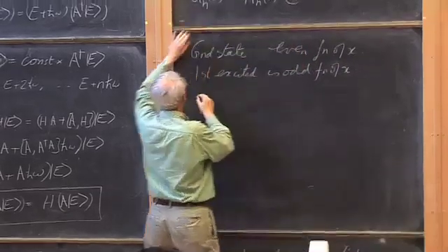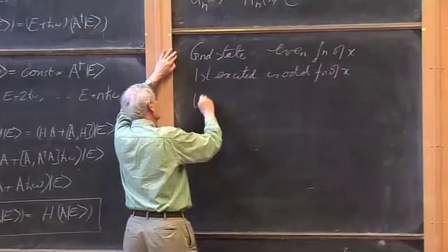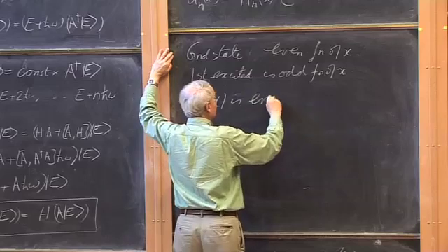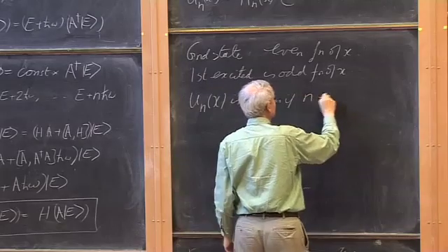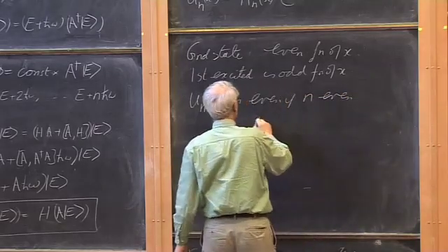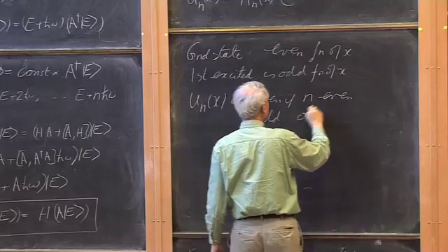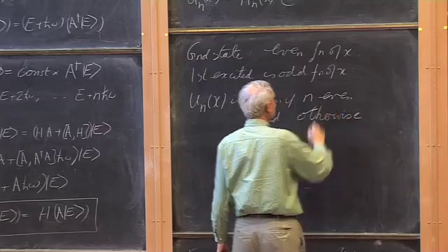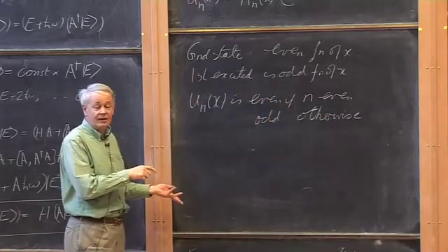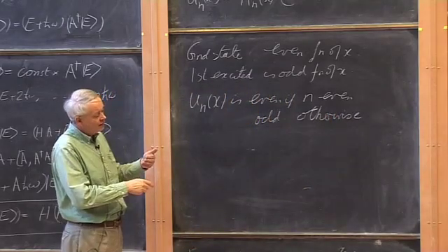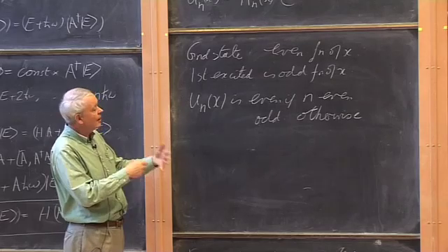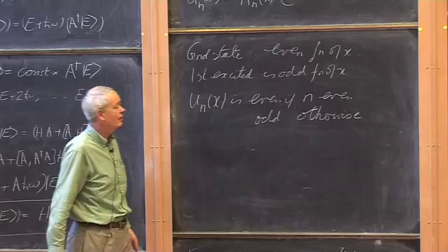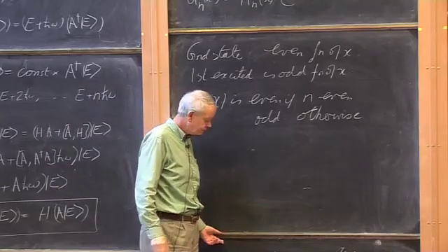So in fact, un of x is even if n is even and odd otherwise. We'll meet this phenomenon in other cases, that it's very often the case that the ground state is even and the first excited is odd and the next one is even and the next one is odd and so on, like that, for similar reasons.